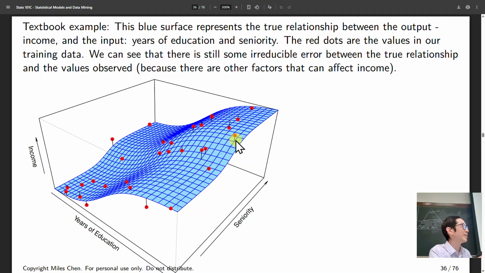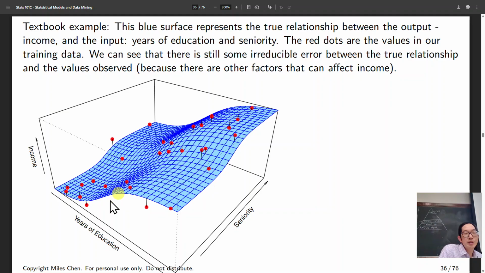And there's other things that are playing into it that just aren't accounted for in our model, right? So you have two people, same amount of education, same seniority, different response variables. So you still have some residuals, okay? But anyway, this might be the true relationship, and the red dots, which are some are above and some are below the surface, are our values, okay?